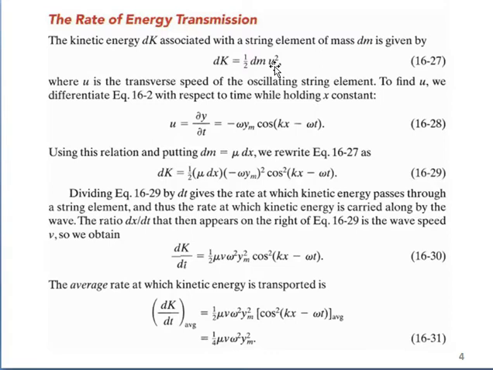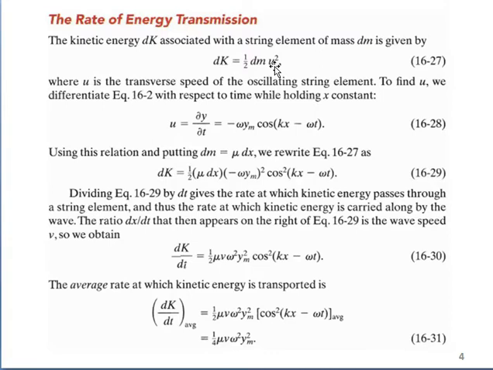As we know, the derivative of displacement is velocity. The transverse displacement is denoted by y, which we have already taken to be represented by a sine or cosine function. In this case, y of x,t is equal to ym sin(kx minus omega t).